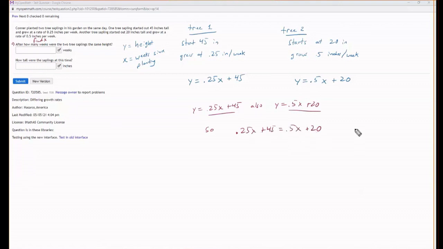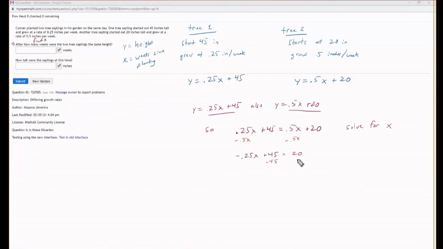So now I want to solve for x. Okay, so I just need to get all the x's on one side. So maybe I'll subtract 0.5x from both sides. Okay, 0.25x minus 0.5x will give me a negative 0.25x. And now, again, I want to get x by itself, so let's get rid of all the other stuff.